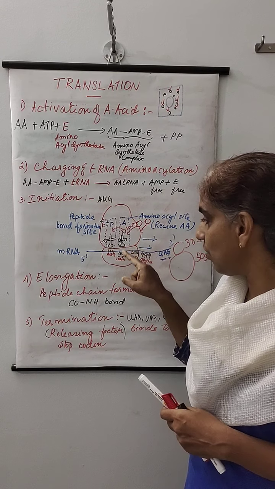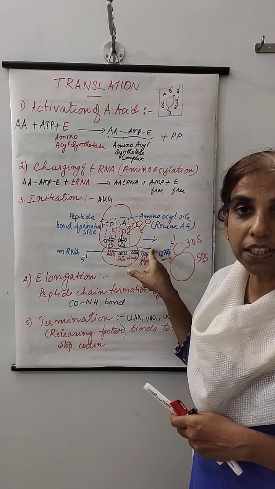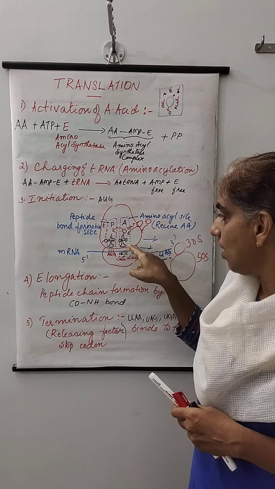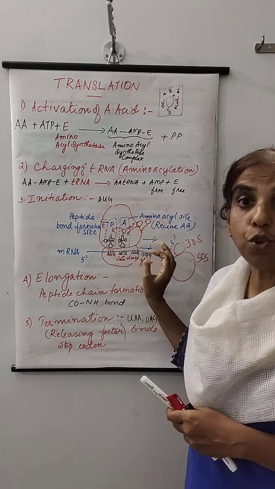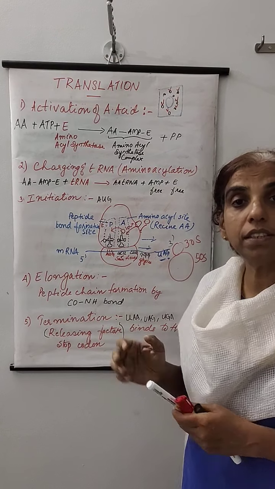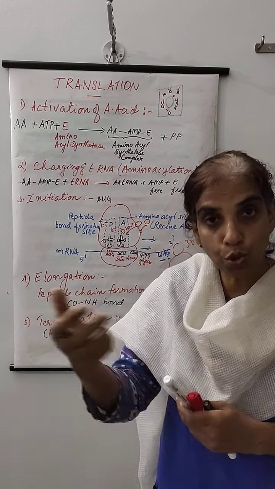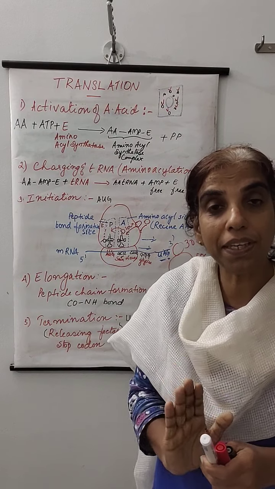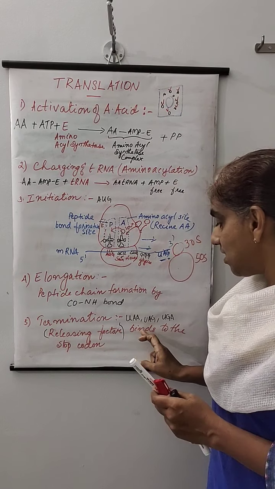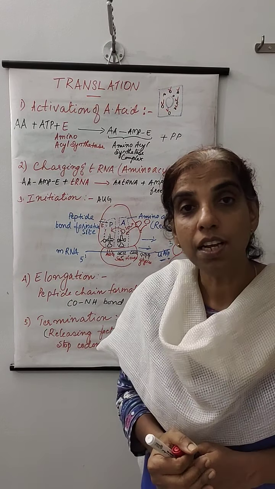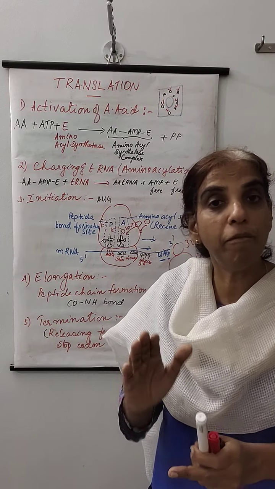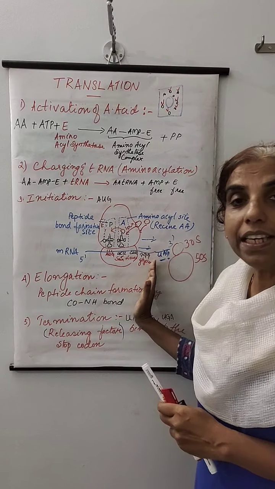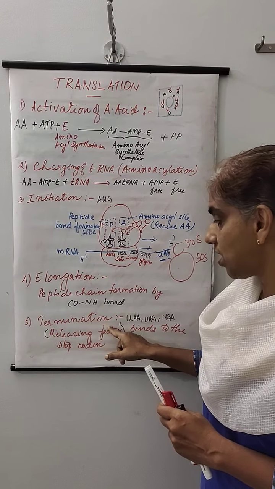When UAG comes at this particular end, the A site recognizes that there is no amino acid to take up, because as per the genetic dictionary, these 3 codons are not referred for any amino acid, so naturally no amino acid will be there. So this gives the signal of termination.